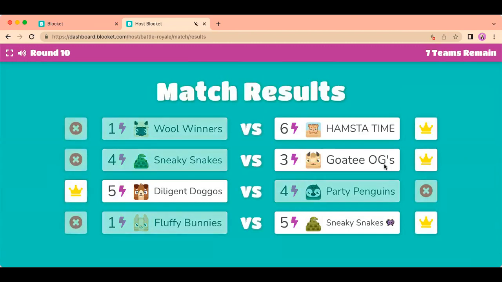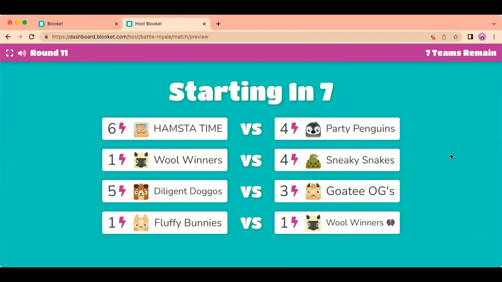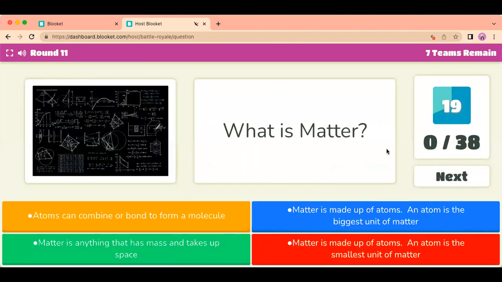Oh no, Fluffy Bunny and Winners, you are going to be in very dangerous position. Hamster Time is still the top, followed by Diligence, Doggo, by 6 energy. Yep, yep.